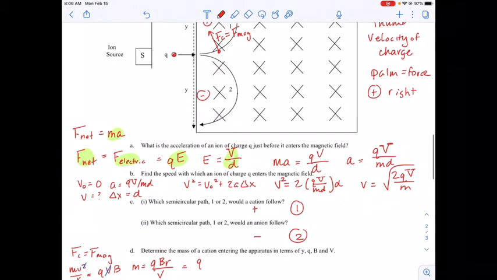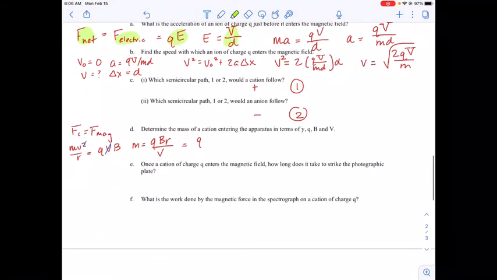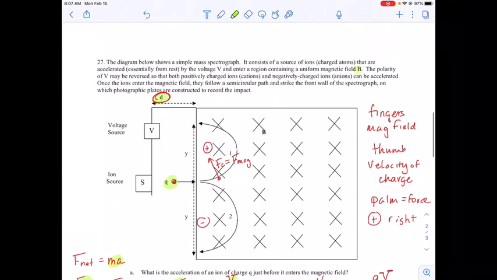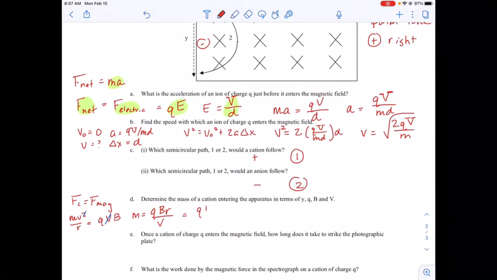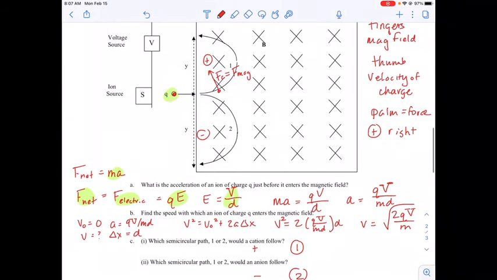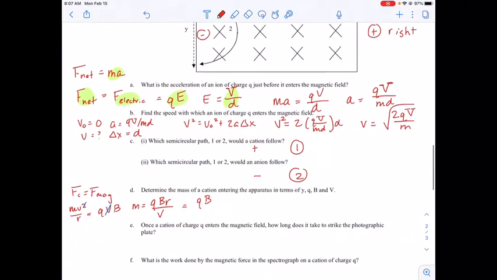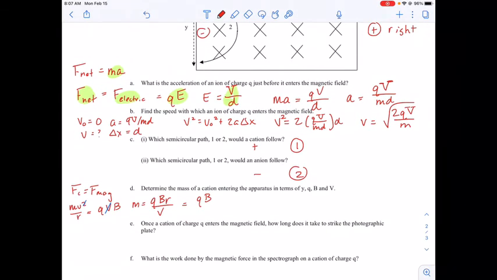So the charge of the charged particle is Q. The magnetic field we're calling B. So I can leave those the same. The radius of this path is half of y. Y is the diameter. So I'm going to take y over 2, or 1/2 y. And the velocity we just figured out in the last part, it's the square root of 2QV, where V is voltage, over m.